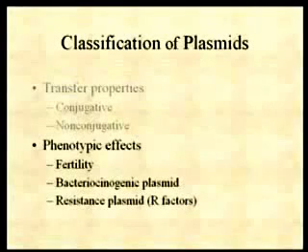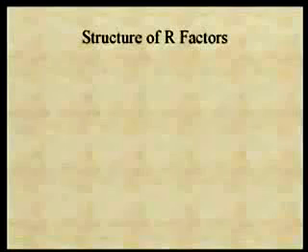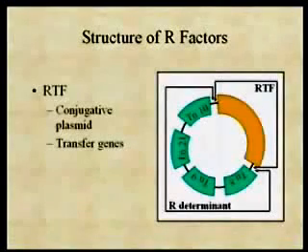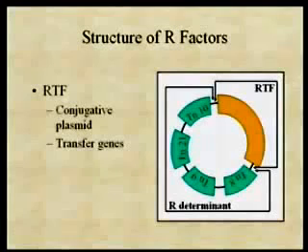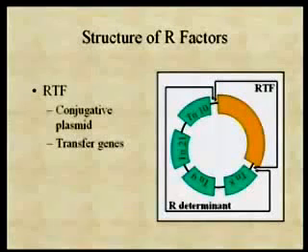But the plasmids that we're really interested in are the R plasmids, or resistance plasmids. R plasmids carry antibiotic resistance genes, obviously, and these are conjugative plasmids. Structurally, they have a portion of the molecule referred to as the RTF, or resistance transfer factor.